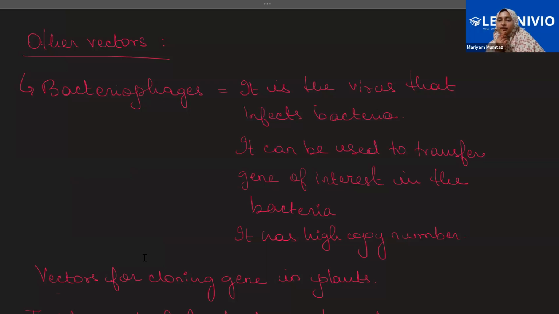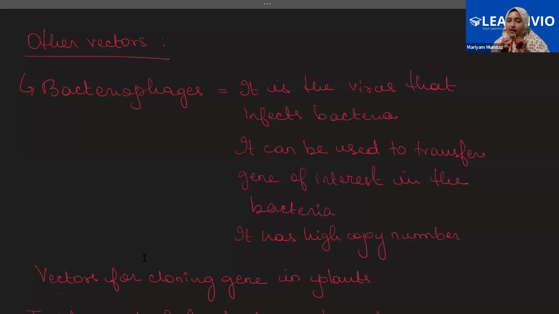Have you heard about them before? What are bacteriophages? Viruses that infect bacteria. The viruses that are responsible for causing diseases in bacteria are bacteriophages.